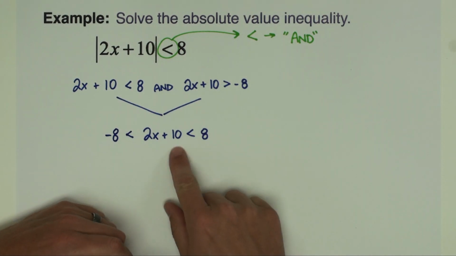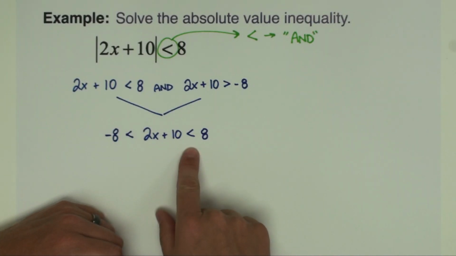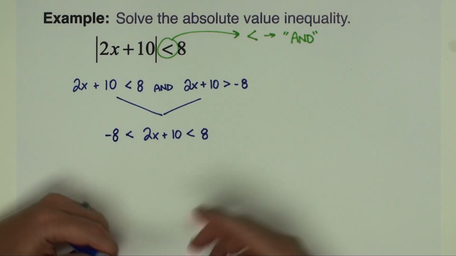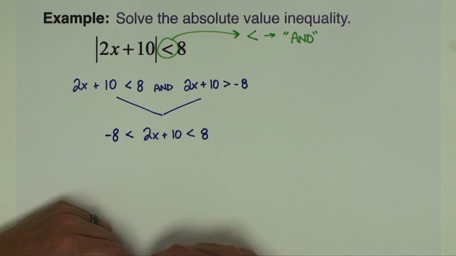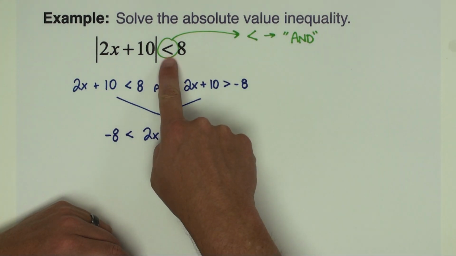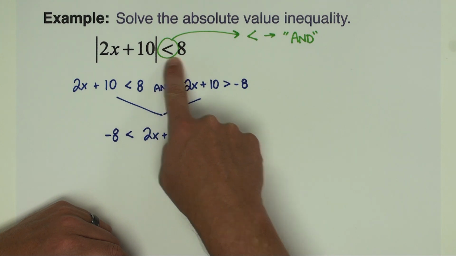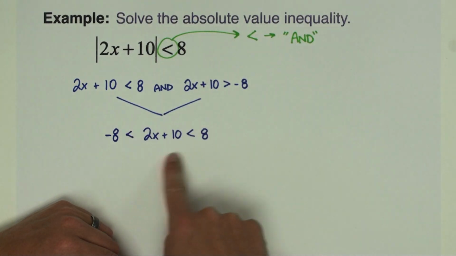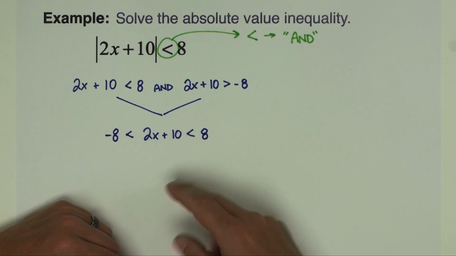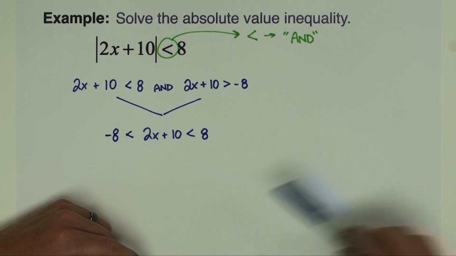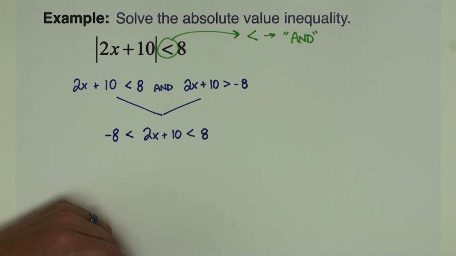And typically that's how we see the and statements written anyway, as one long compound inequality. So I prefer to take my less than statements and rewrite them in this form right here. Now let's go ahead and solve that. We'll do a number line. We'll write the solution as well.